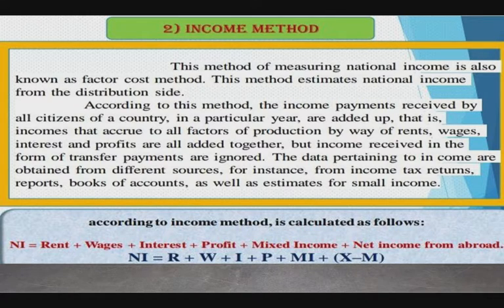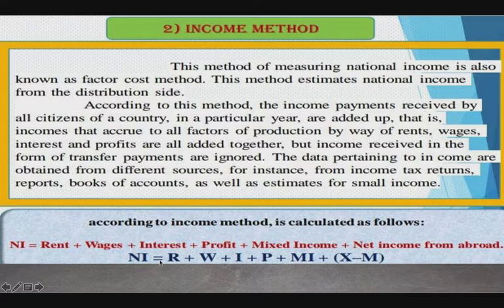GNP can be treated as the sum of factor incomes earned as a result of undertaking economic activity on the part of resource owners and reflected in the production of the total output of goods and services during any given time period. So, GNP according to the income method is calculated as follows.